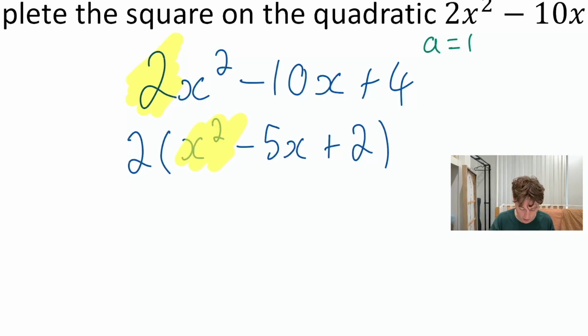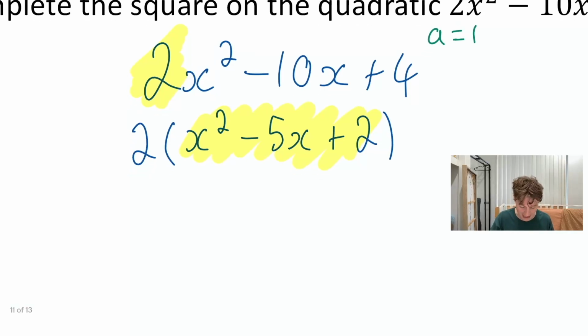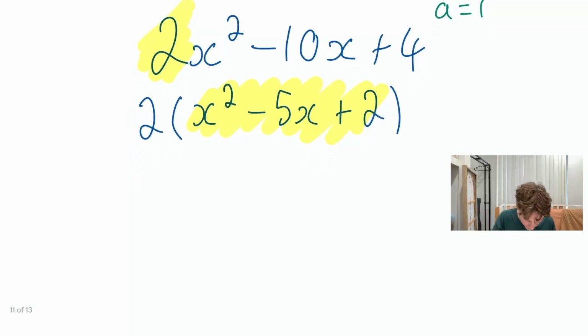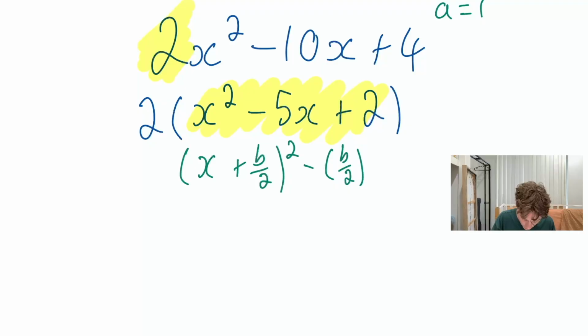Now I can complete the square on everything here inside my brackets. Now, if we remember the formula for how we complete the square, it is x plus b over 2 squared minus b over 2 squared plus c. In this question, you can see that my b term is negative 5, my c term is plus 2.